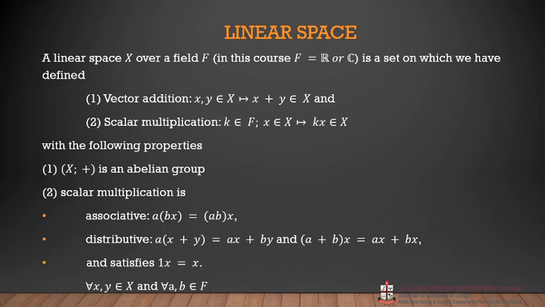That means a times (x plus y) should be ax plus ay, and (a plus b) times x should be ax plus bx. And it should satisfy 1 times x is equal to x for all x in capital X and for all a and b element of F.